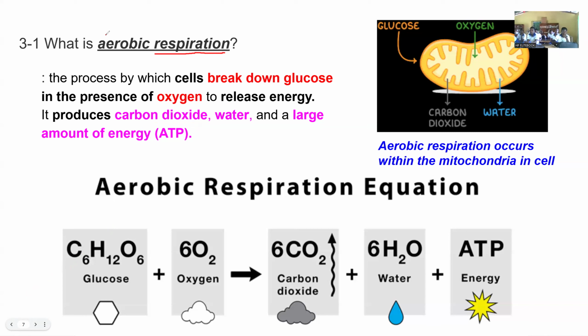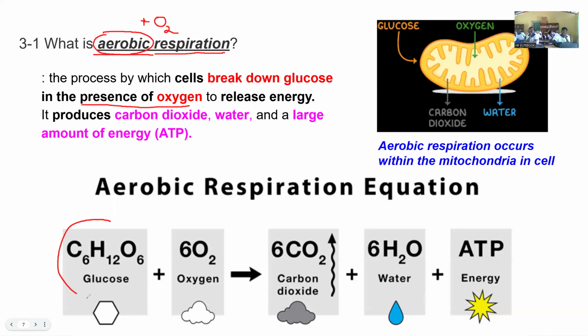But this word aerobic means that it has oxygen, presence of oxygen. You can think of aerobic as having oxygen and anaerobic as having no oxygen. So an is like a prefix for not existing. So anaerobic means no oxygen. But here it said aerobic, so it has oxygen.